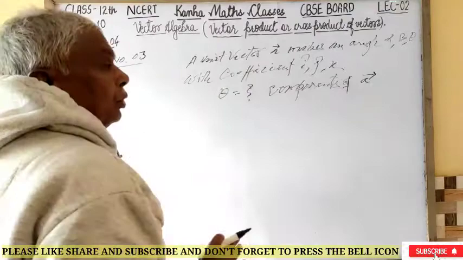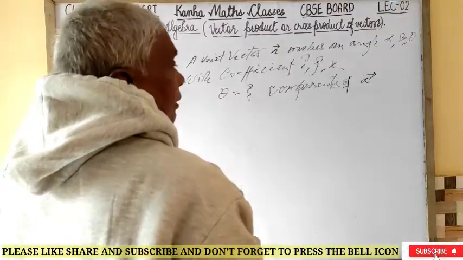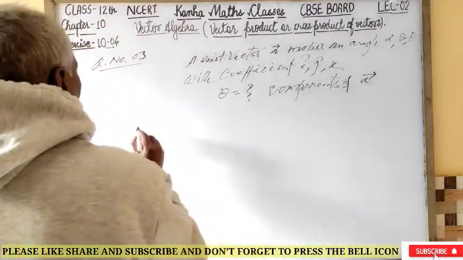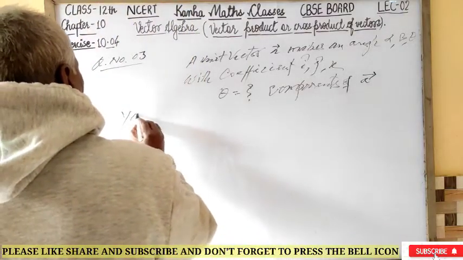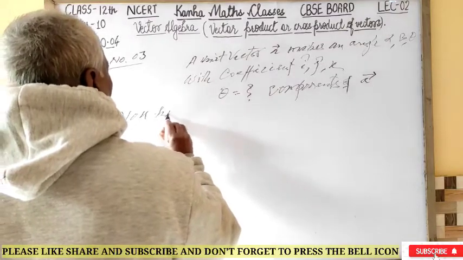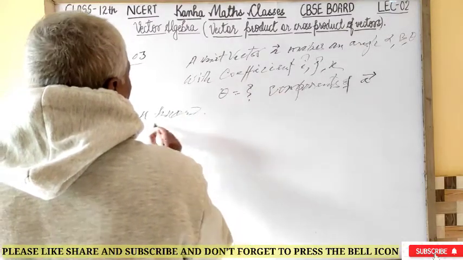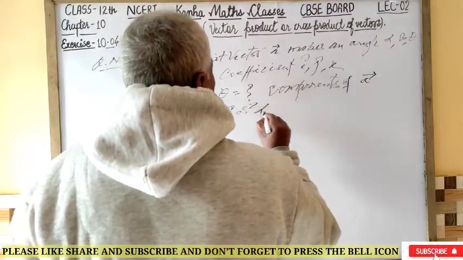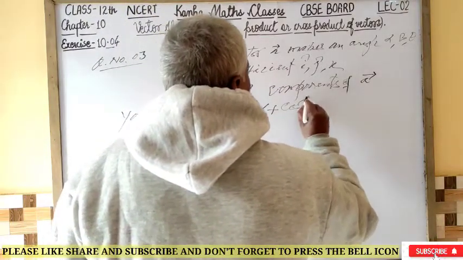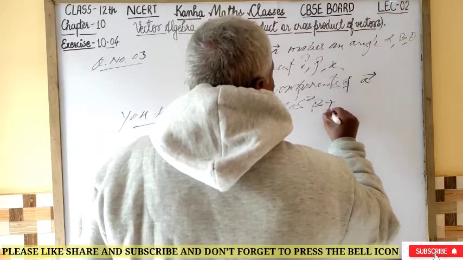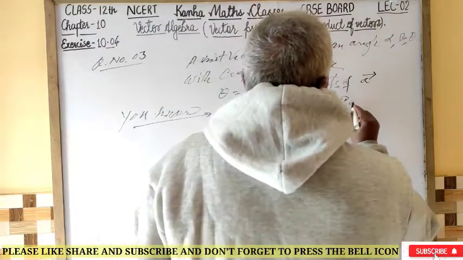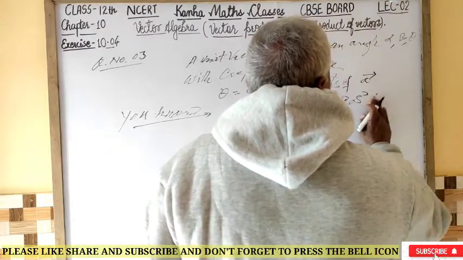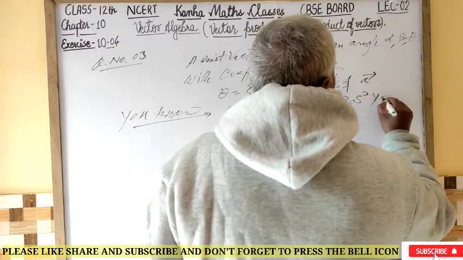You know the sum of the squares of the direction cosines is equal to 1, or you know cos square alpha plus cos square beta plus cos square gamma is equal to 1.